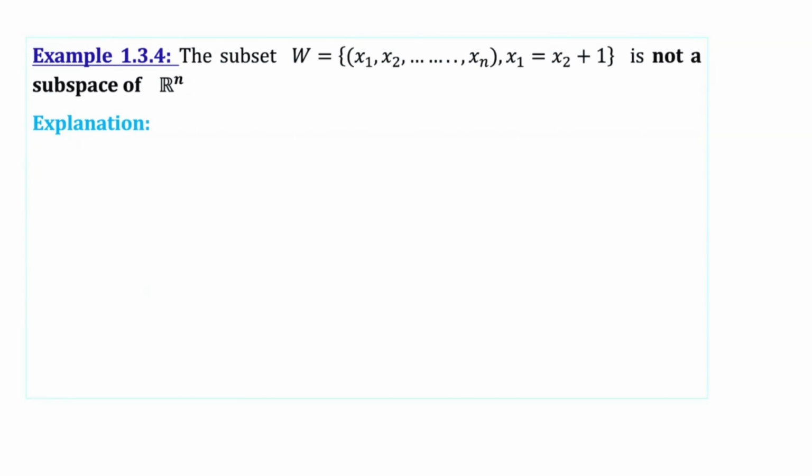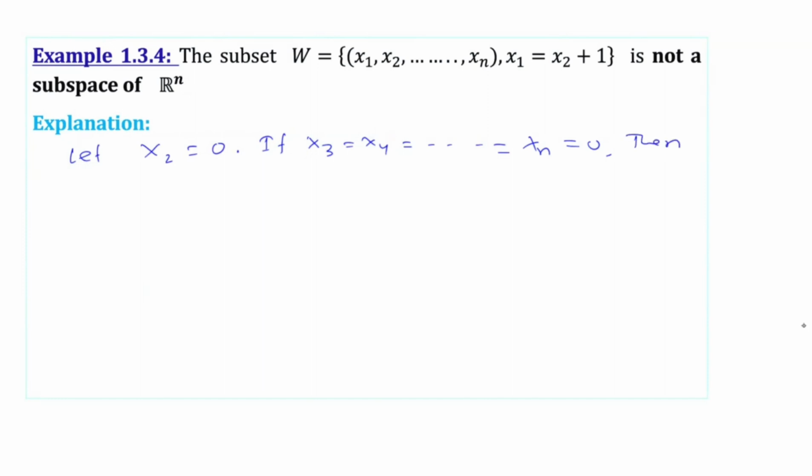Now another example is the subset W of Rn with the condition that the first entry x1 is equal to x2 plus 1. In this case we have to show that it is not a subspace. First we will see whether the zero of Rn belongs to this W or not.